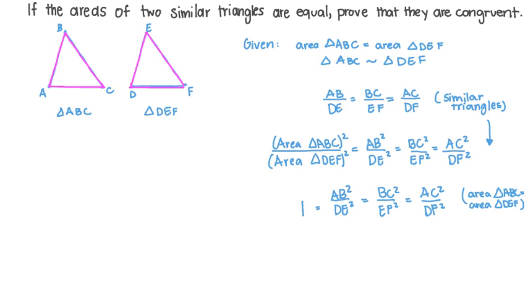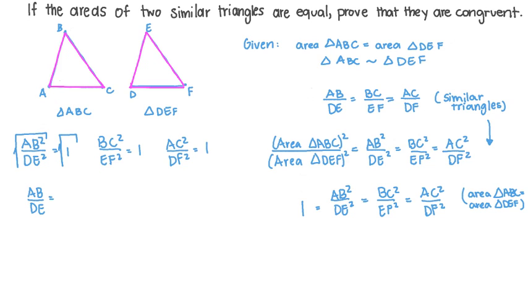And we want to take these three side length ratios and set them all equal to 1. AB squared over DE squared equals 1, BC squared over EF squared equals 1, and AC squared over DF squared equals 1. To get rid of this square ratio, we want to take the square root of both sides.